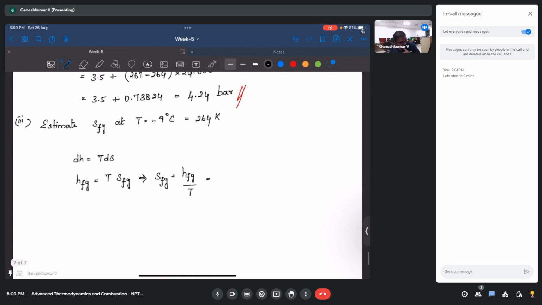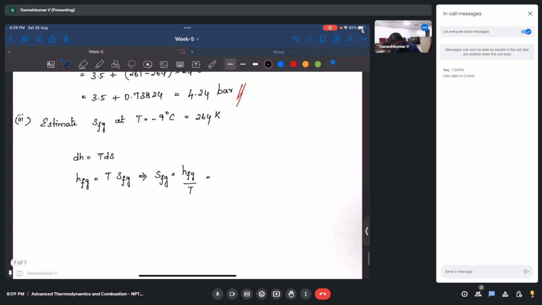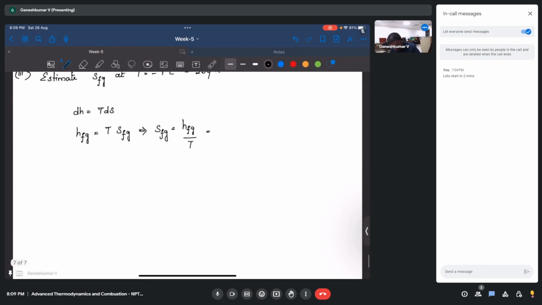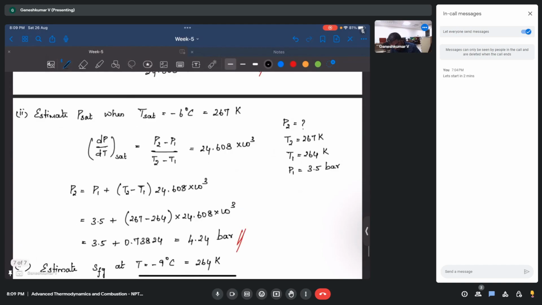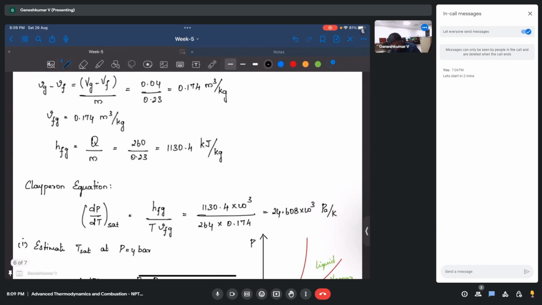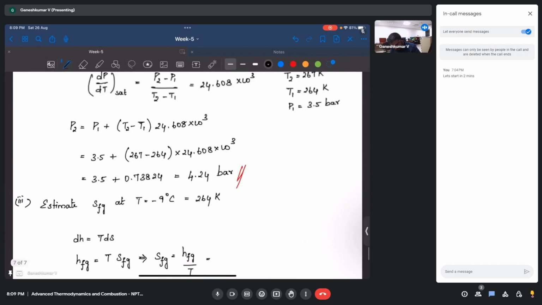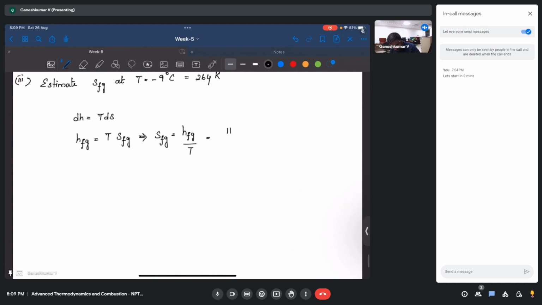There is another way also to do it. We just used the TdS relation currently. We'll see that during this what happens. So h_fg, we already found h_fg. How much is that? 1130.4 kilojoules per kg, right, divided by 264 Kelvin.